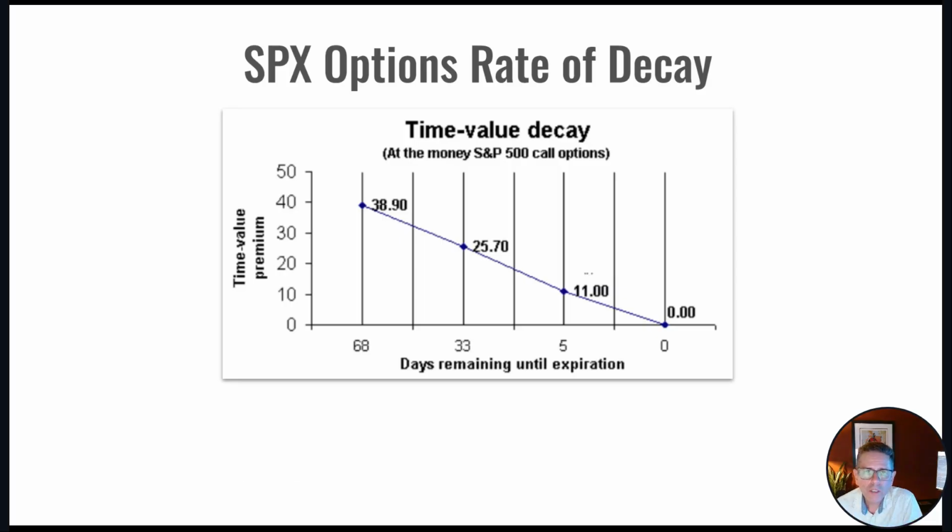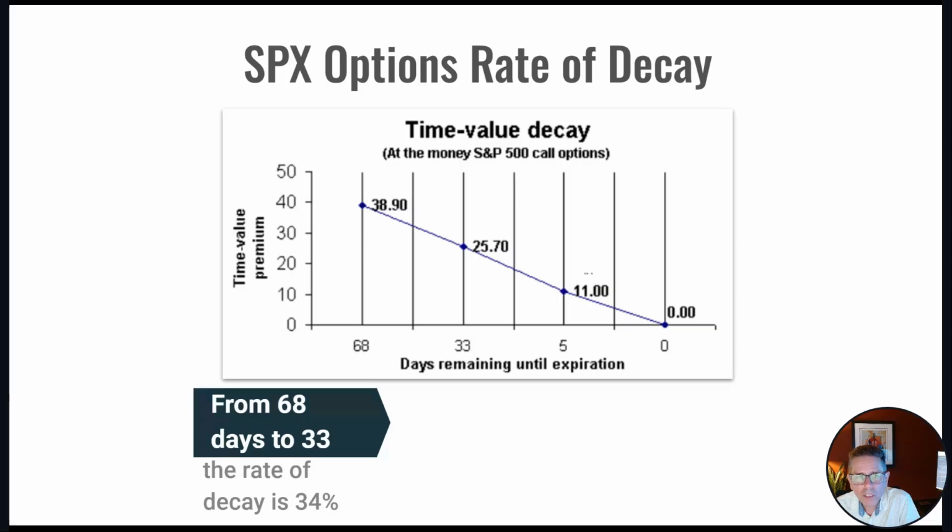All right. So this is an SPX call chart, and it goes from 68 to 0 days, and as you can see here, if all things were the same, if the market just stayed in the same place, this is what would happen.